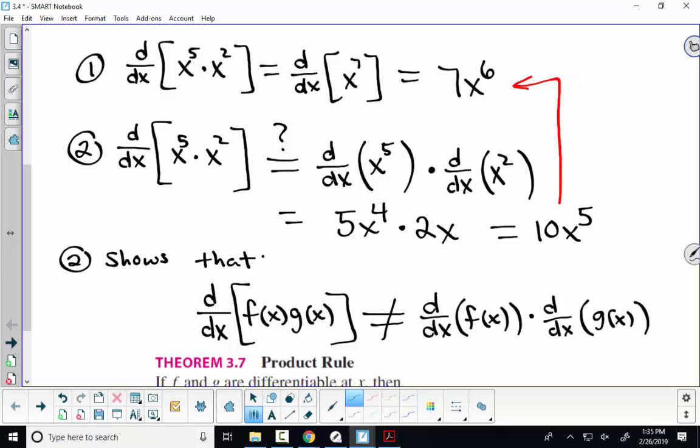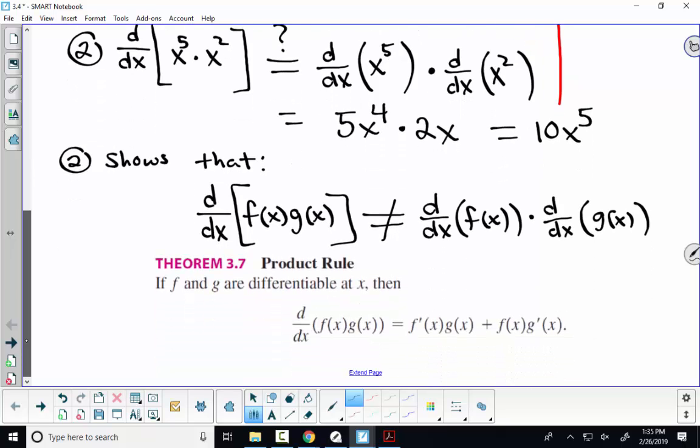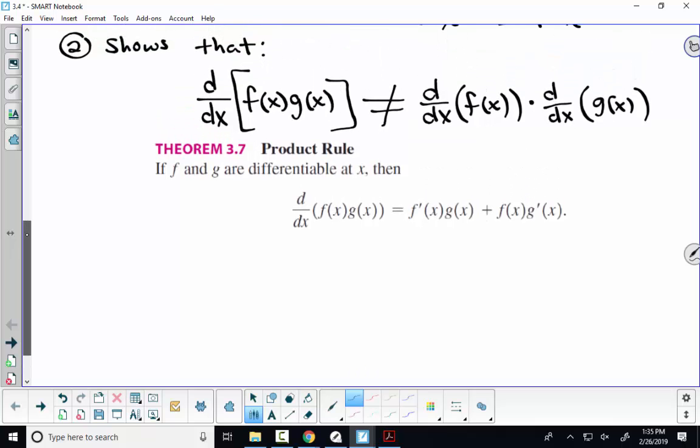If only it were that simple, unfortunately it's not. So there's the actual product rule.